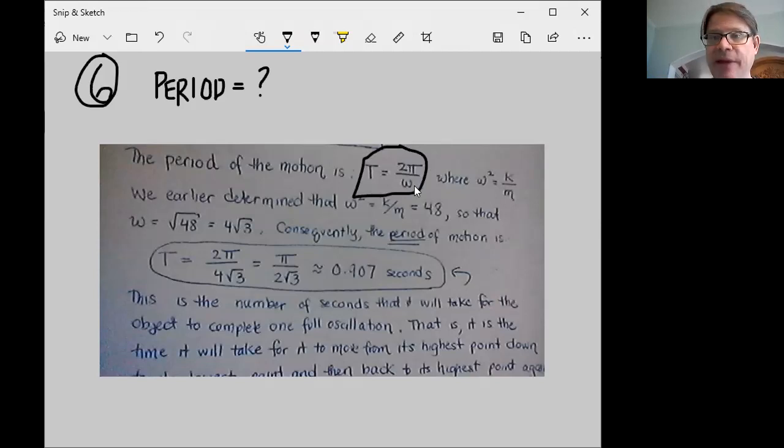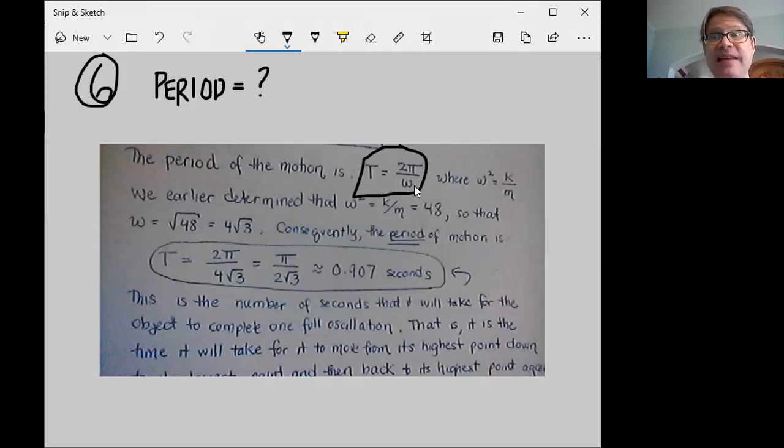Now you might remember omega from earlier. Omega squared was the coefficient of x in our normalized differential equation. That was 48 for us, the quotient of k divided by m. And so omega squared is 48, and that means that omega is the square root of 48, or 4 times the square root of 3.